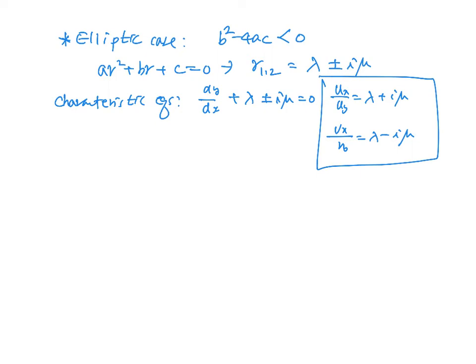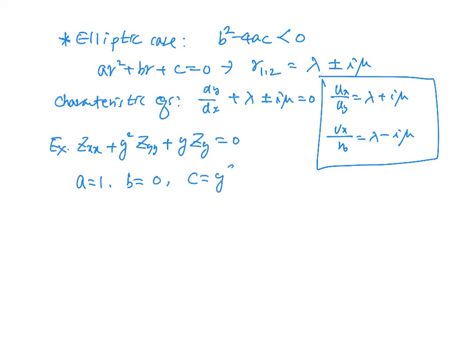So let's consider the example: z_xx plus y squared z_yy plus y z_y is equal to 0. So a equal to 1, b equal to 0, c equal to y squared, right?